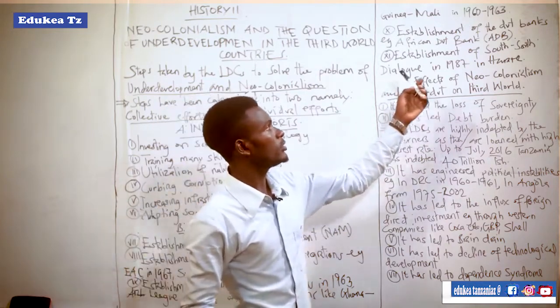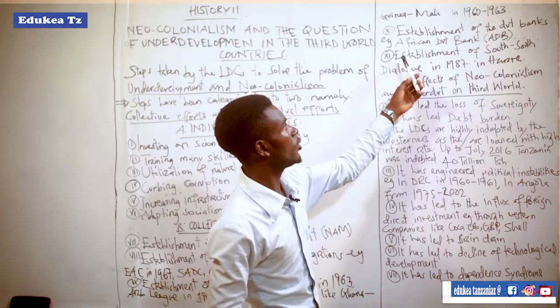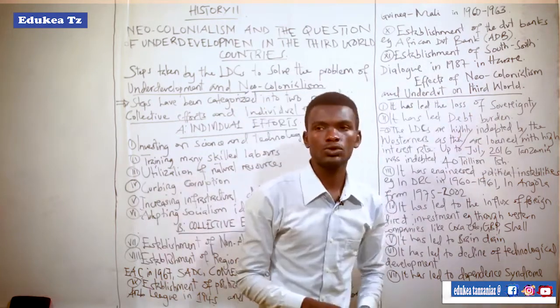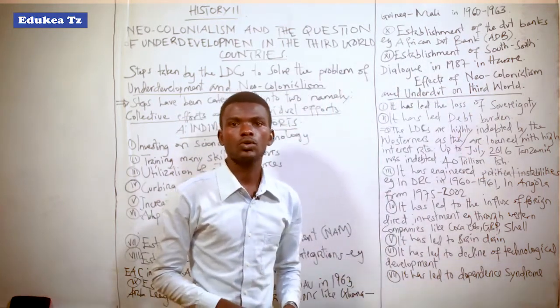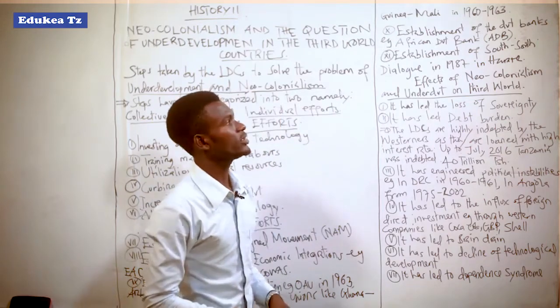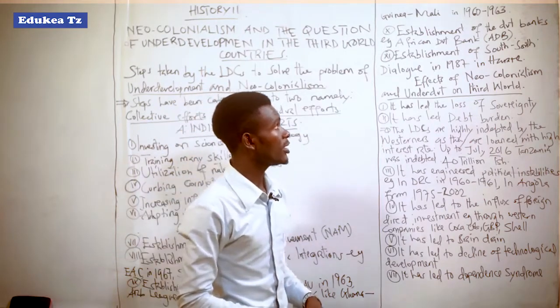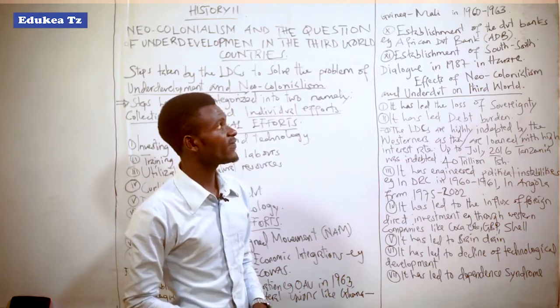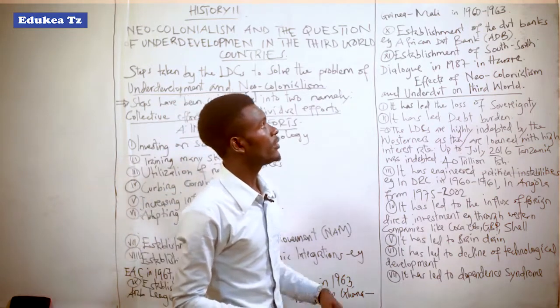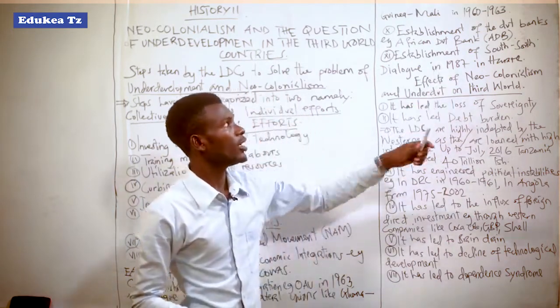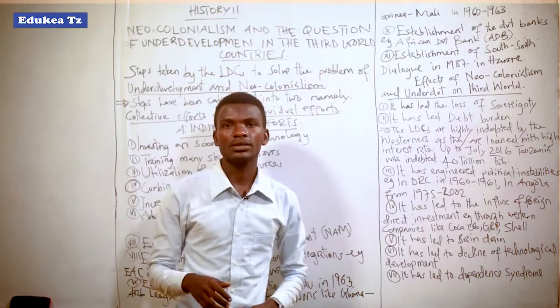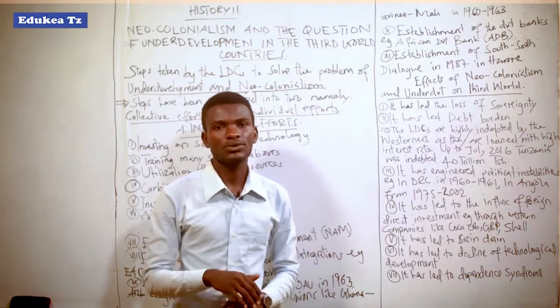For example, in Africa, there was the African Development Bank, which was established to ensure the African countries get financial assistance from the bank, which has been established by the African or the less developed countries in Africa.